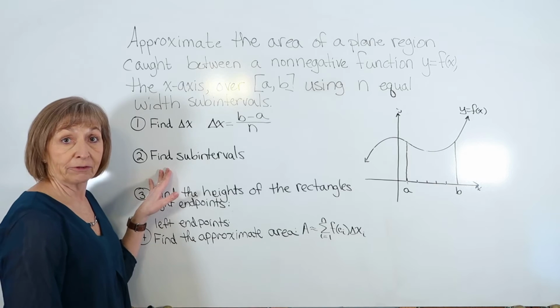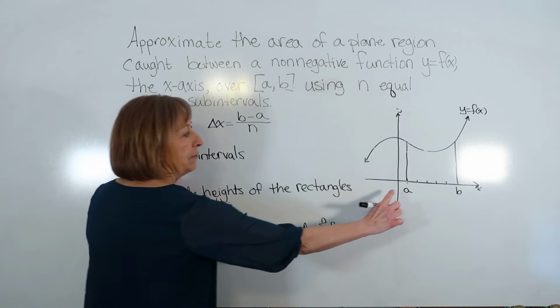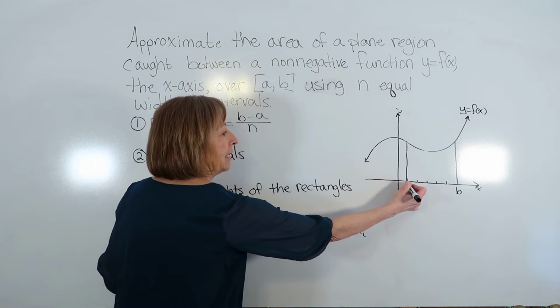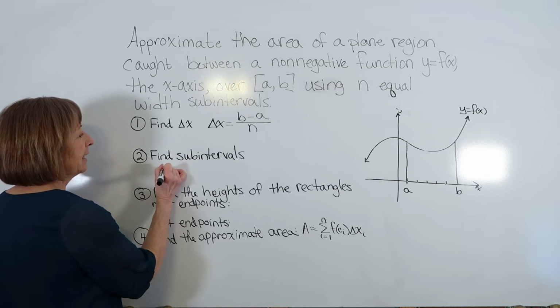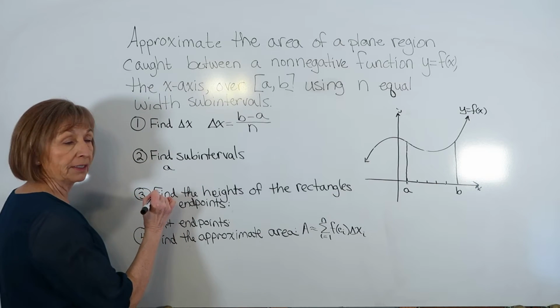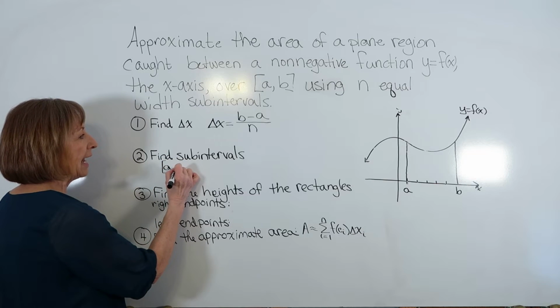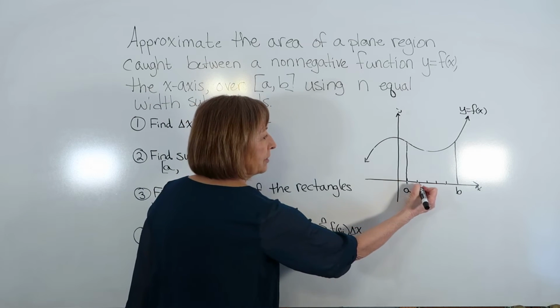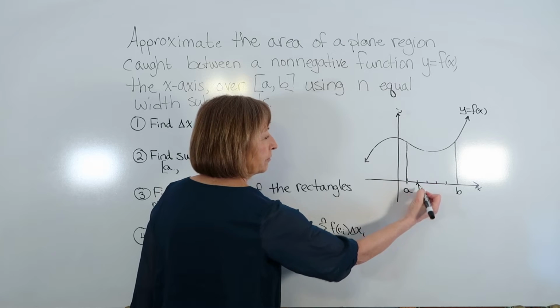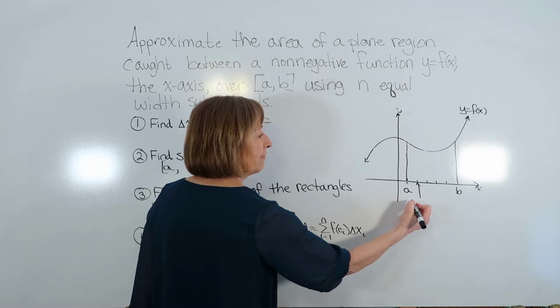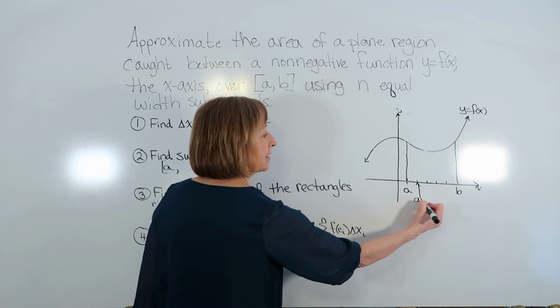So find my subintervals. Well, the very beginning of my interval is a for the first one. And then that interval starts at a, and then it goes to this next spot over, which that value will be a plus delta x.